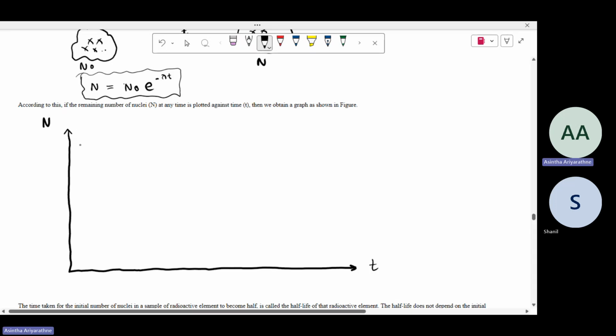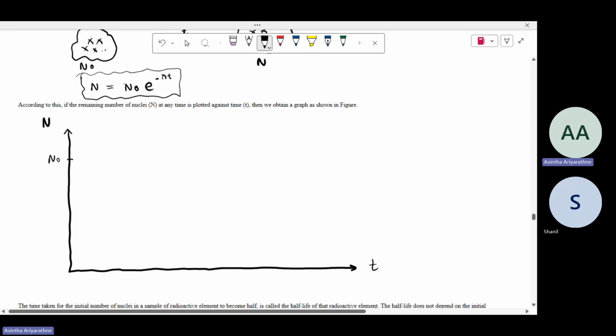When t is 0, e to the power 0 is 1, so initially it is N naught. The graph starts from N naught.